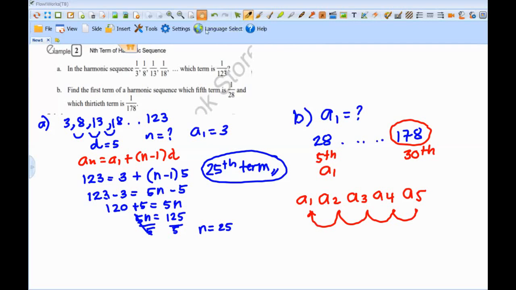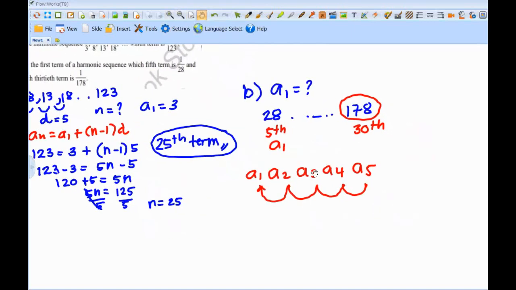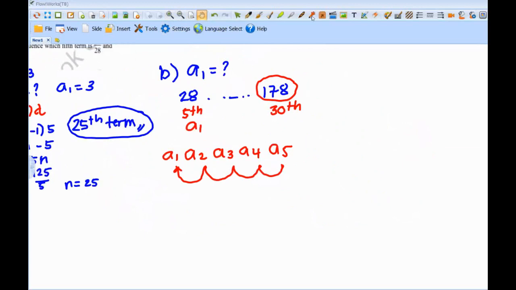Now, if we will try to move the 30th, what would be the position of the 30th now? We will move 4 times also. So let us go to 30: 30, 29, 28, 27, 26, 25.